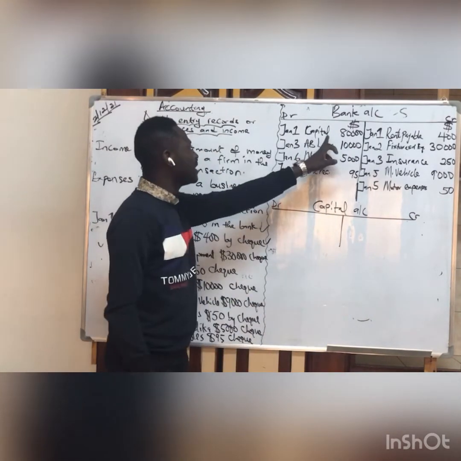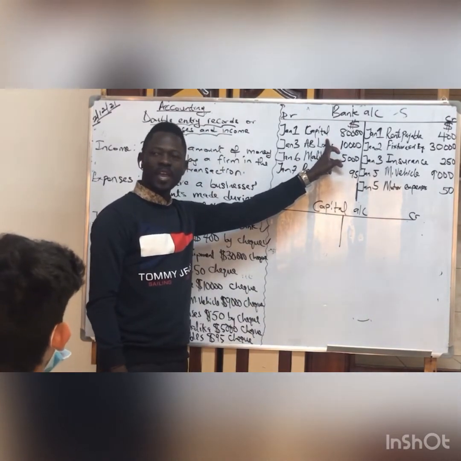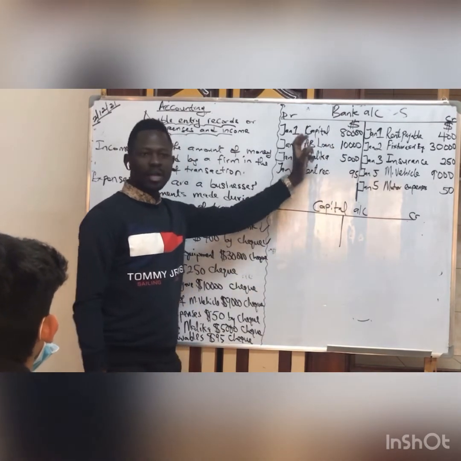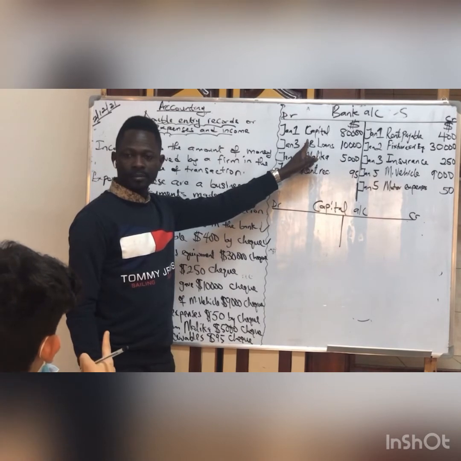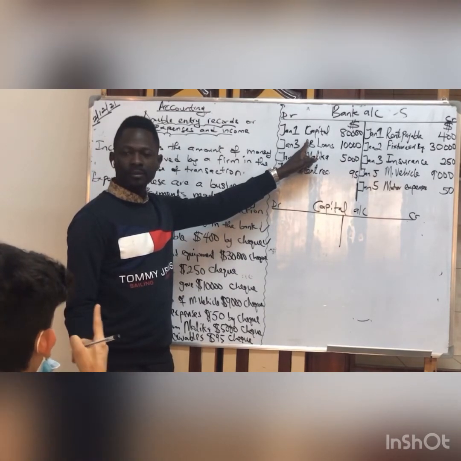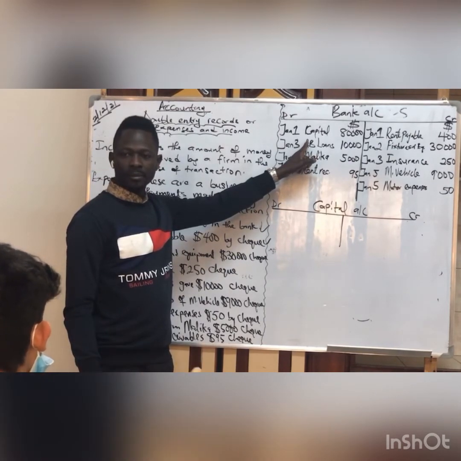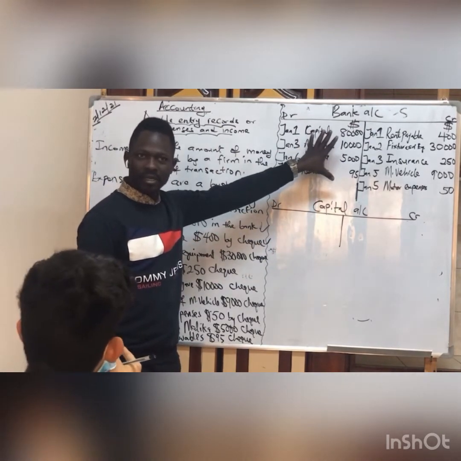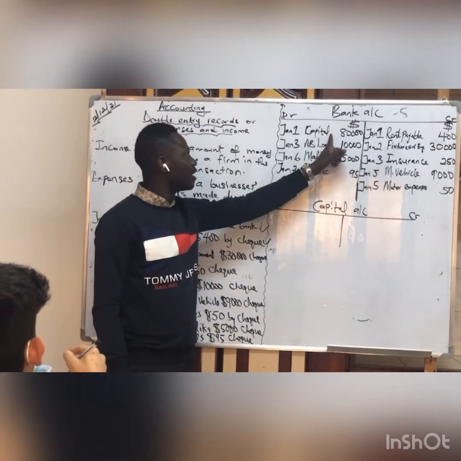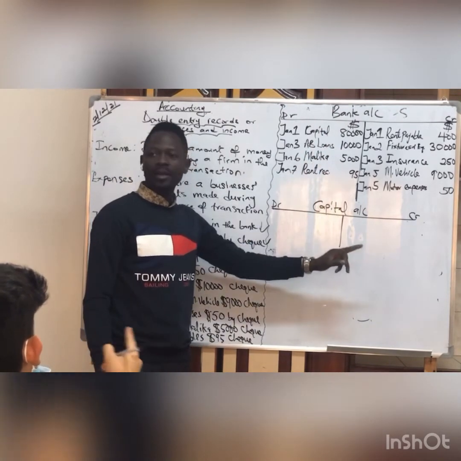So capital is on the debit side here. So where is it going to be here? Credit. Please look at the board. This is the general ledger for the bank. Capital is on the debit side in the bank. It will be where here? Credit.